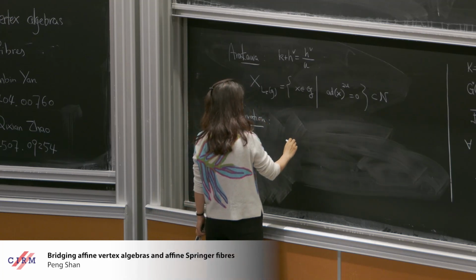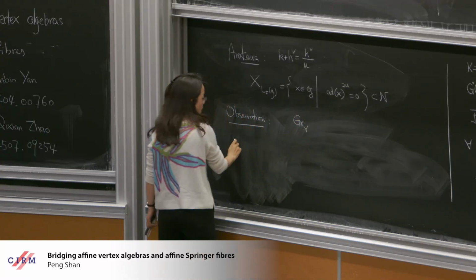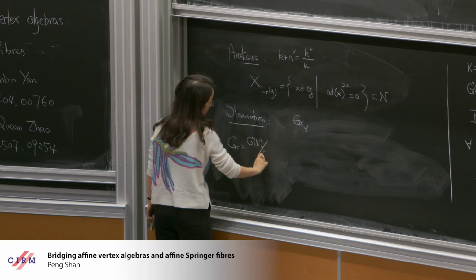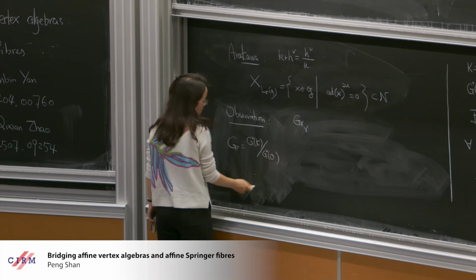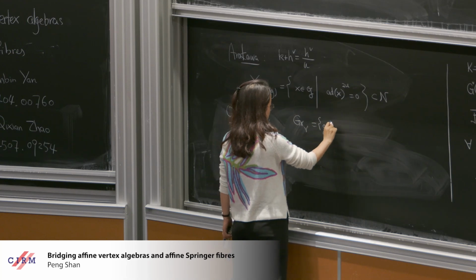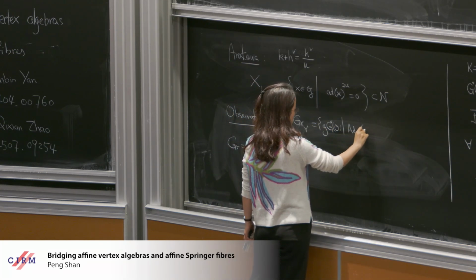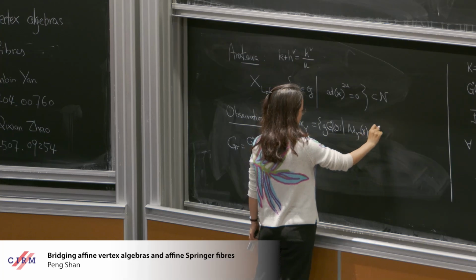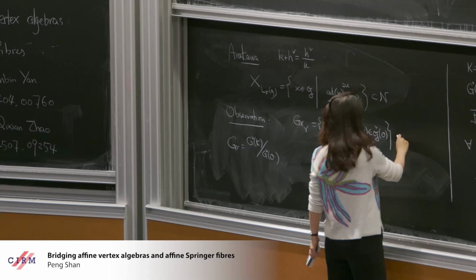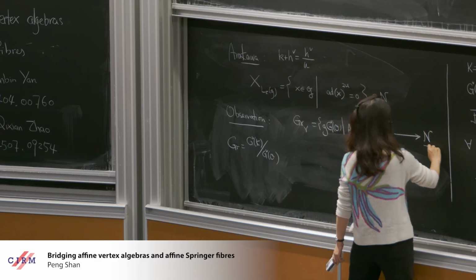So if I write Gr_gamma, we have the affine Grassmannian G check K over G check O. And then Gr_gamma is all the elements in this coset such that adjoint g inverse of gamma belongs to G check of O. And in particular, I have a map from here to the nilpotent orbits.